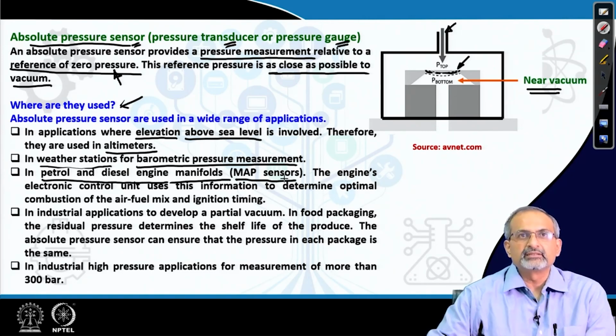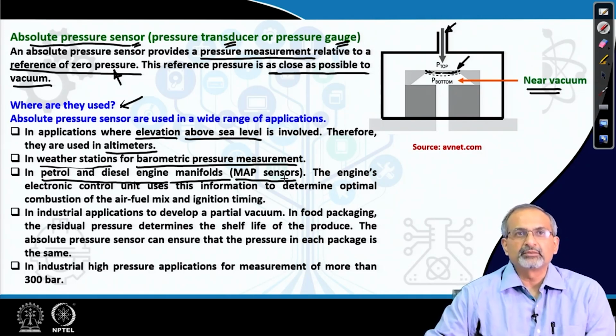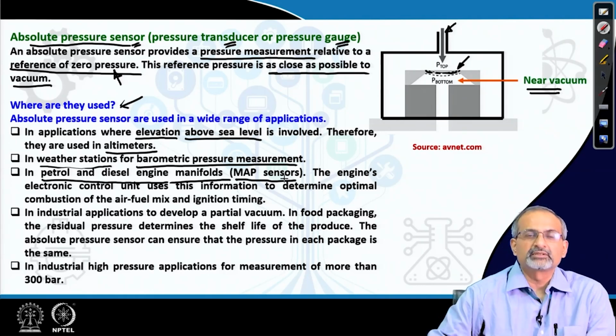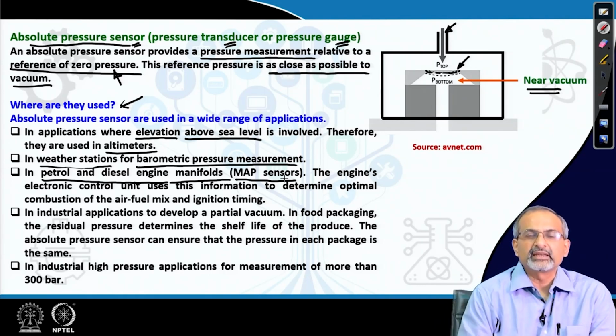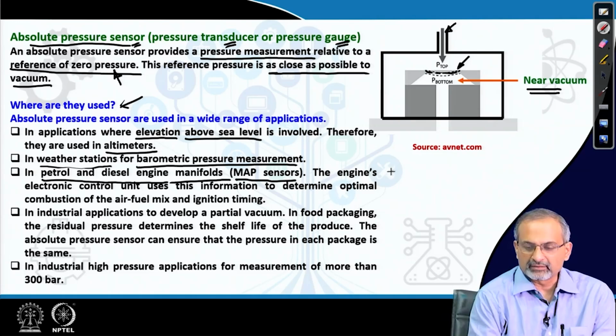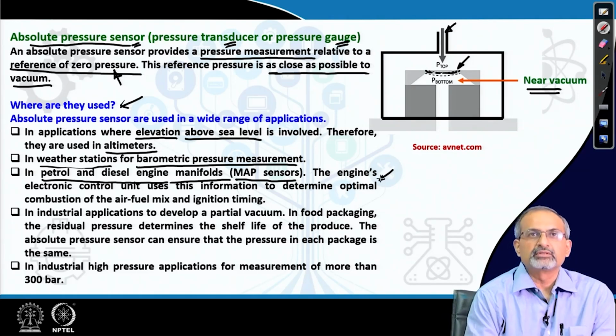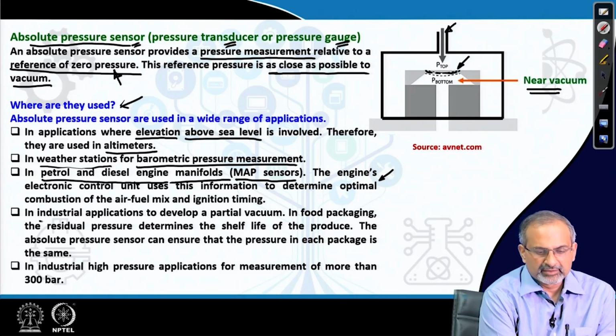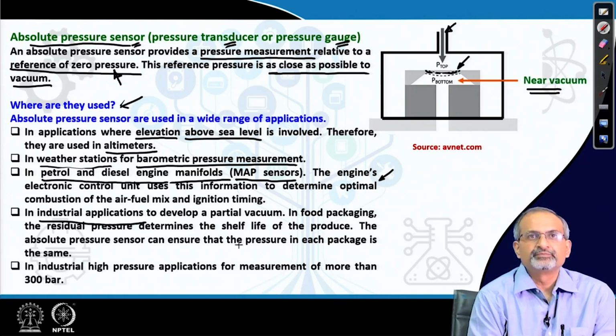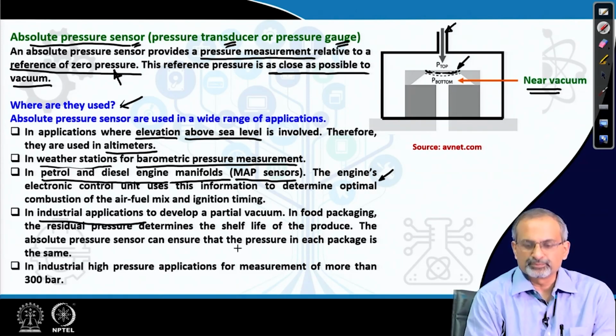The engine's electronic control unit uses this information, that means the pressure measurement, to determine optimal combustion of air fuel mix and ignition timing. So, they find a very important use in petrol and diesel engines as well. In industrial applications, widely to develop a partial vacuum.